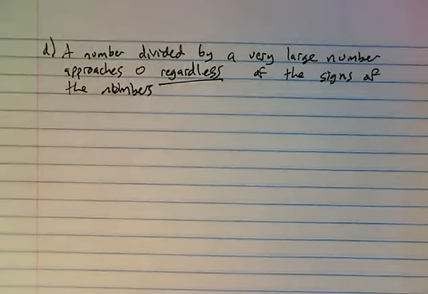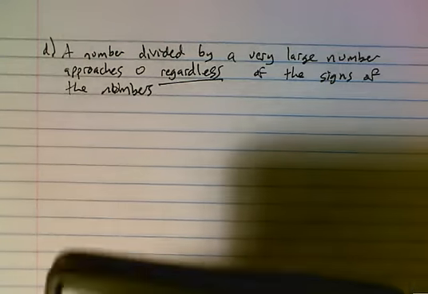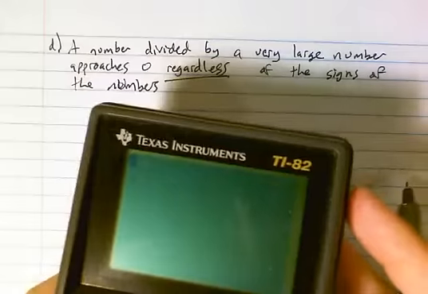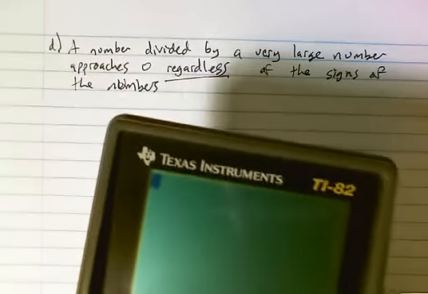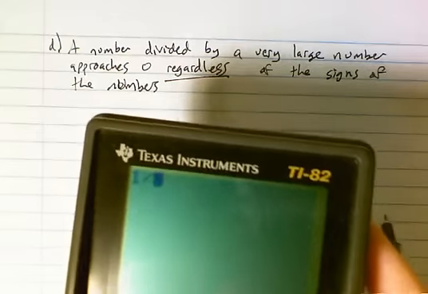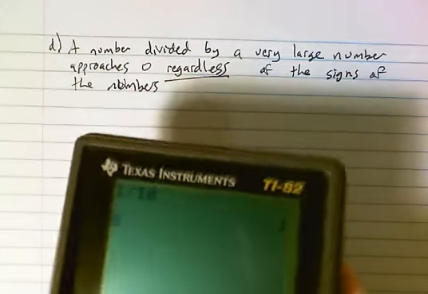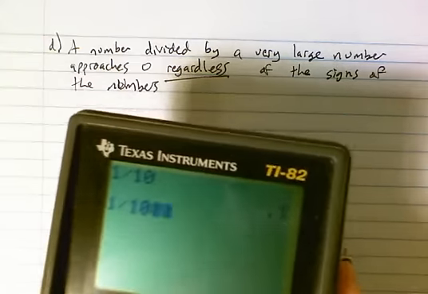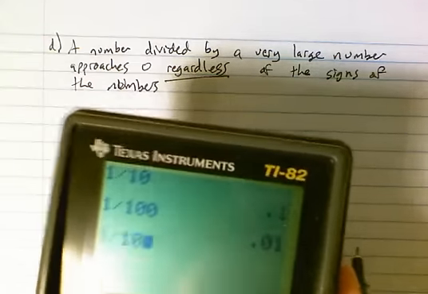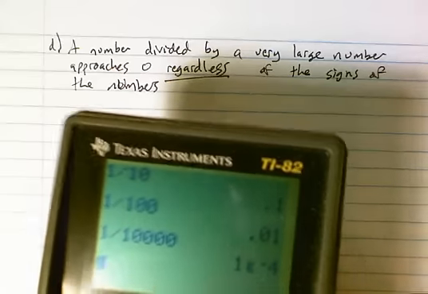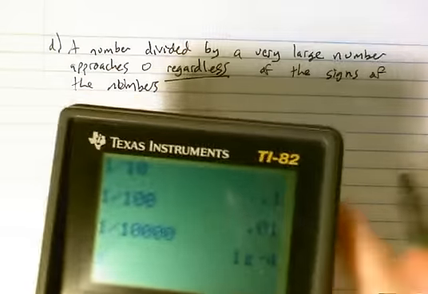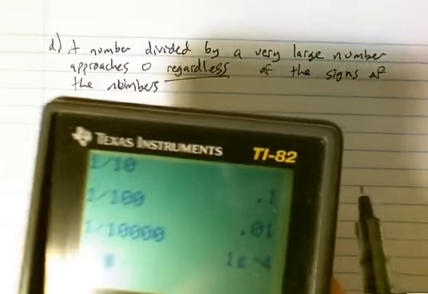So where this one's going, is if I take, let's say, 1 divided by 10, and I start getting bigger and bigger and bigger, that's just move the decimal point 4 places to the left, so that's close to 0.